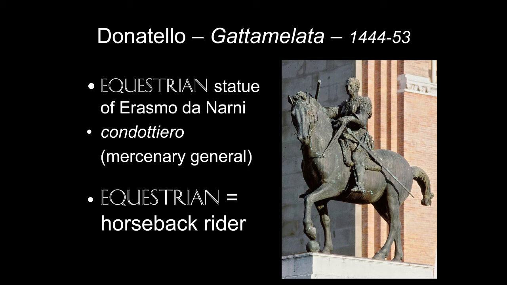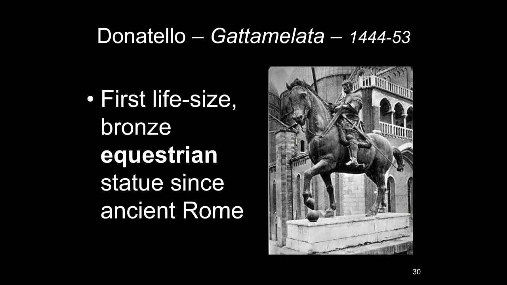Erasmo de Narni fought for Padua, and he left money in his will to have a statue to himself put up in Padua, and it's right out in front of the cathedral on a very high pedestal. Now, this is the first life-size bronze equestrian statue since the time of ancient Rome, since classical antiquity.